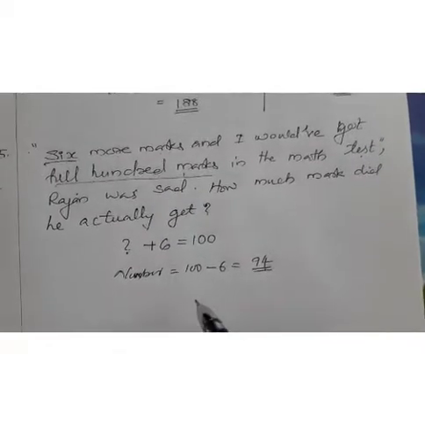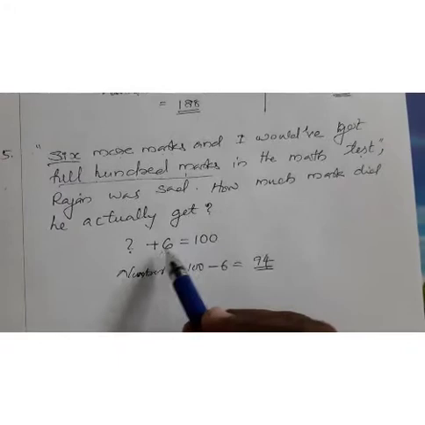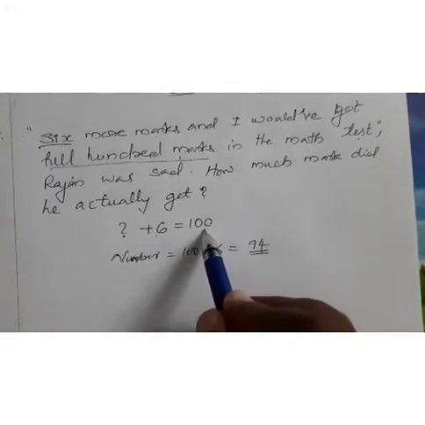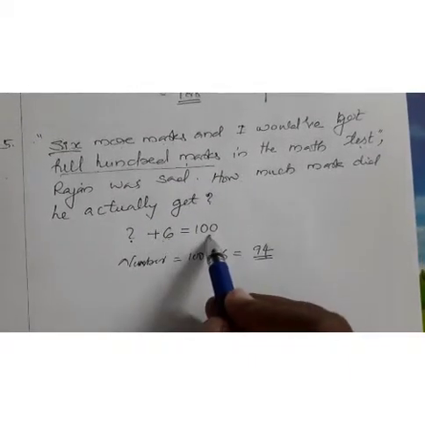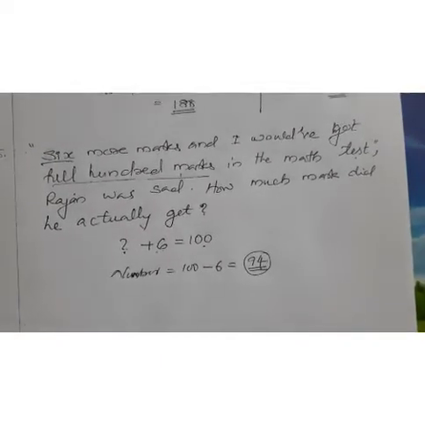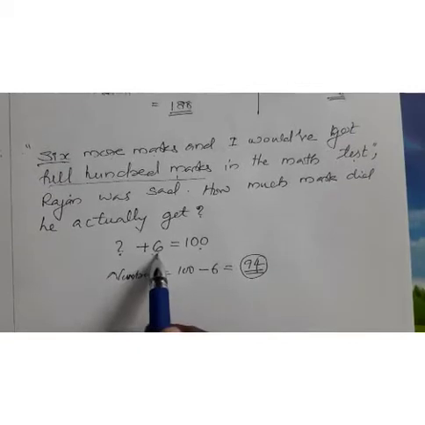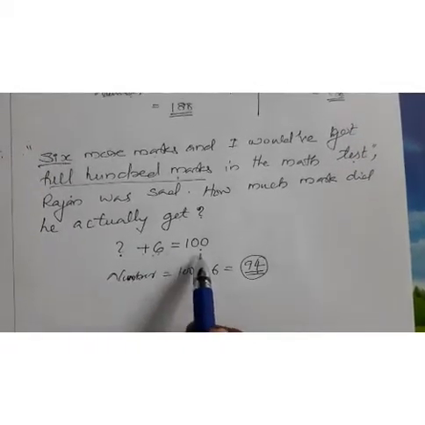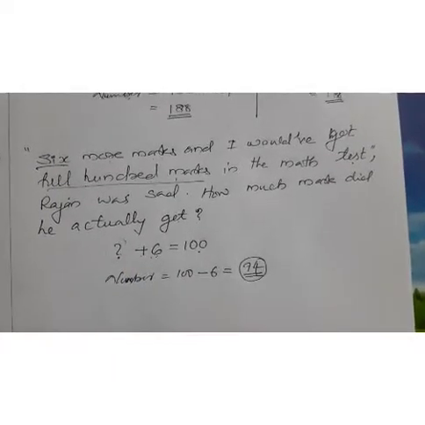And what he said, if he gets 6 more marks, he would have got full 100 marks. The maths test paper is for 100 marks, and he got 6 marks less than 100. That means the actual mark he got is 94. So that particular number you have to find out.